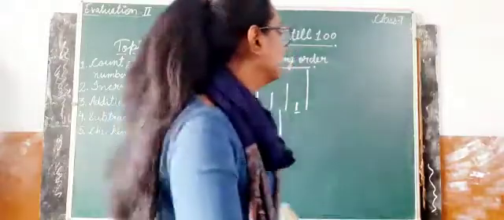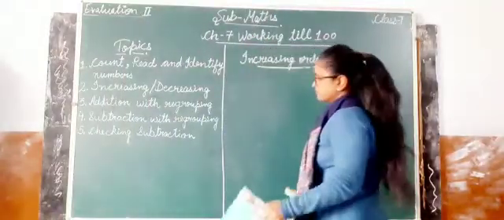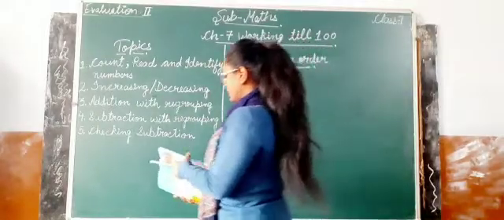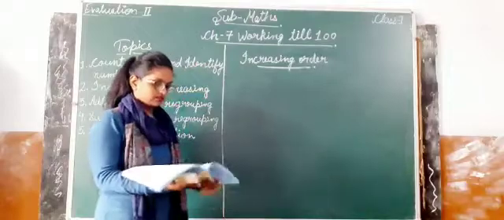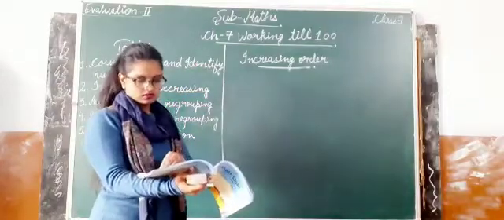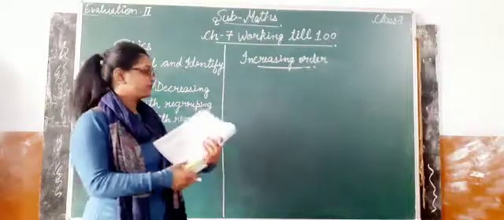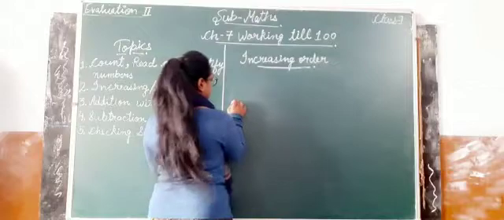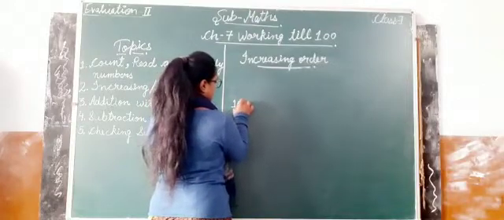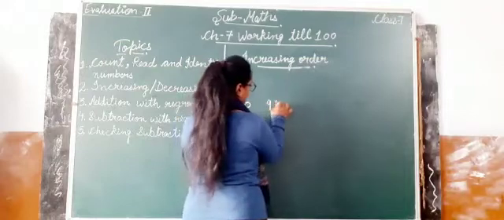So similarly, now let us try to do increasing order with numbers. Let me give you some numbers from your book only. I am giving you some numbers from page number 84. Hundred, 92.